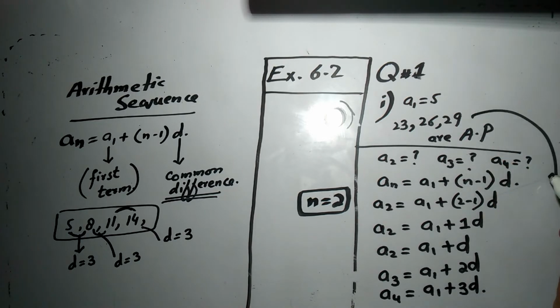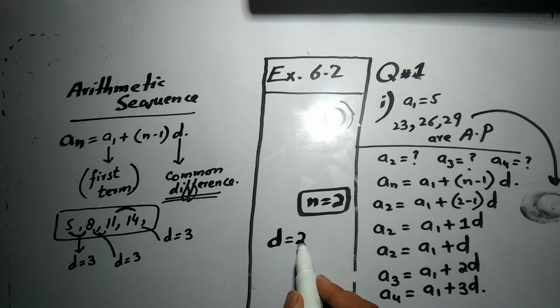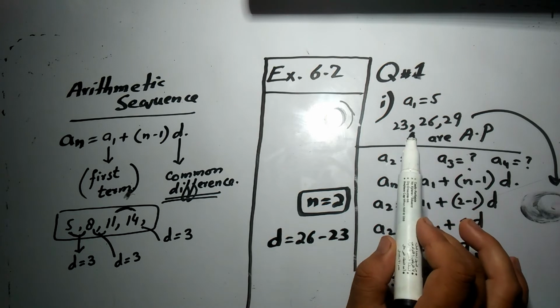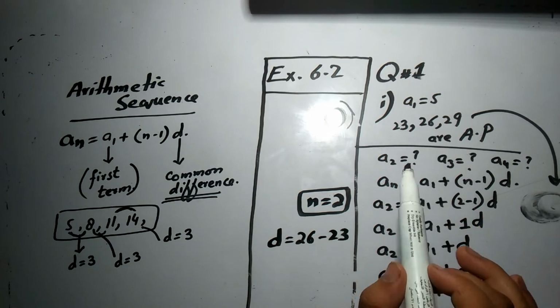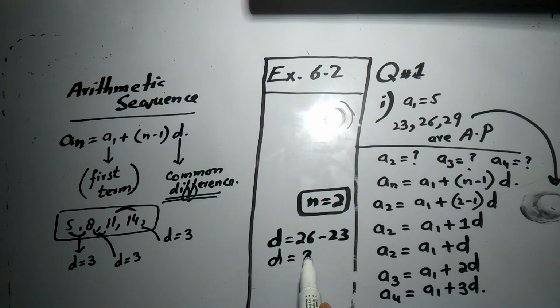So here what is the value of d? d is equal to 26 minus 23, because d is the common difference between two consecutive terms of the sequence. So d will be equal to 3.